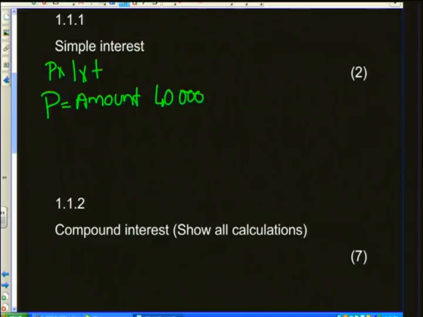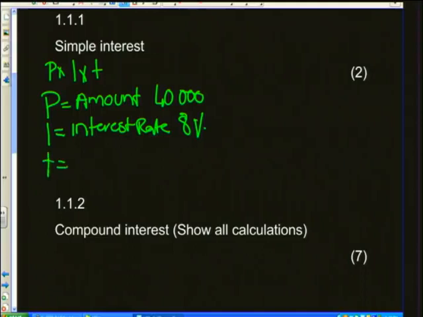I is the interest rate, which in this case was 8%. And our time period is the years, which in this case was 3 years.